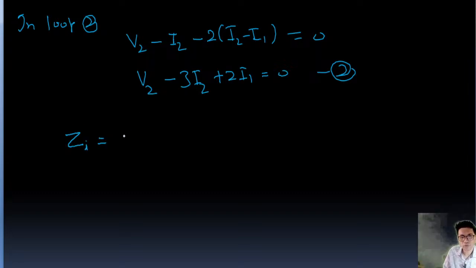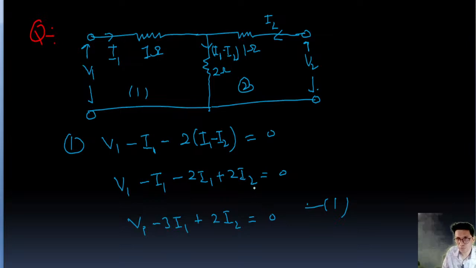Zi, we know, equal to v1 upon i1 at i2 equal to 0, right? So in equation 1 we'll put i2 equal to 0. I2 equal to 0 means v1 minus 3i1 equal to 0. So it means v1 upon i1 value is going to be 3, right?